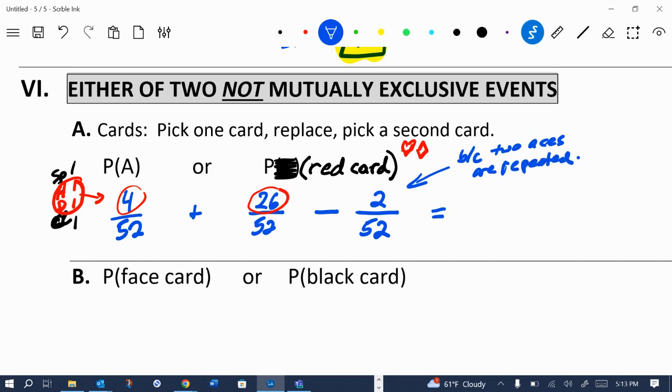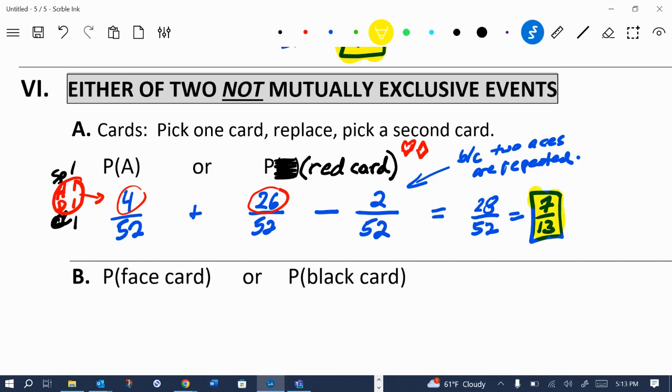And by subtracting it, you no longer have a problem with repeating it. So we have 4 plus 26 minus 2, which is 30 minus 2, which is 28. So we have 28 over the 52, which reduces to 7 over 13, which is acceptable as a decimal form as well.